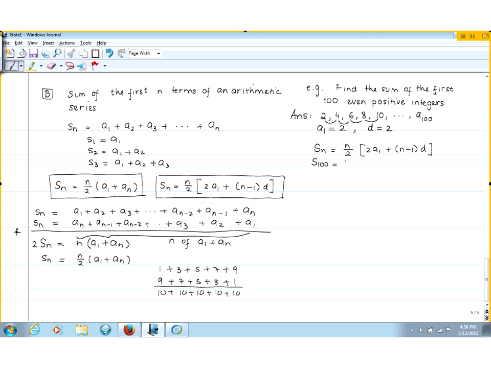So we're talking about S100. The sum of the first 100 terms is 100 divided by 2, so it's 50, times (2a1. 2a1 is 2 times 2, plus 99 times 2). Alright, so this is 50 times 4 plus 198.